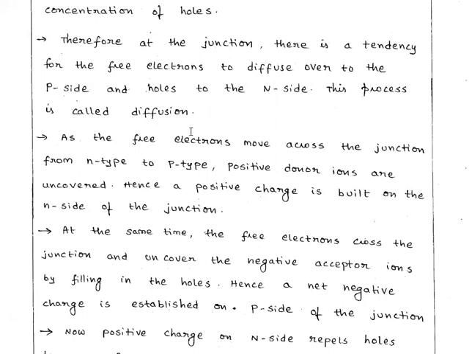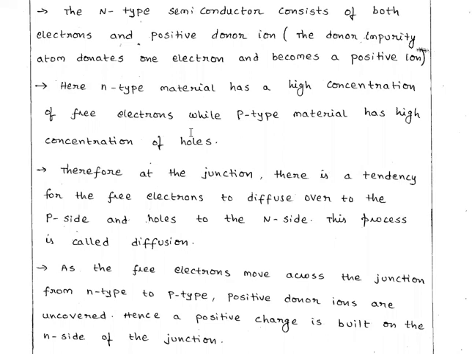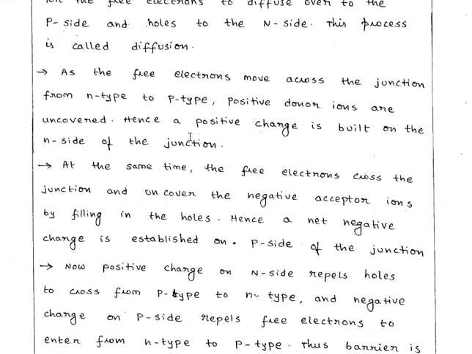Therefore, at the junction, there will be a tendency for free electrons to diffuse over to the p side and holes to the n side. This process is called diffusion.